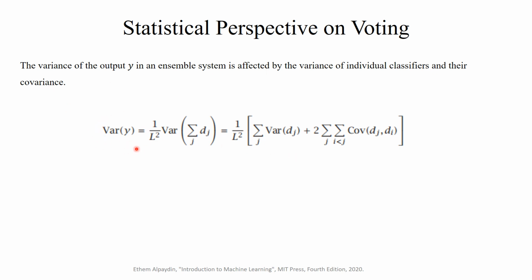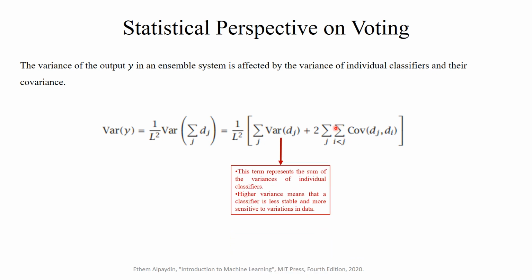So variance of y is equal to 1 by L square, summation of the variance of dj plus we are finding the covariance between dj and di. Now this term, summation of variance of dj, represents the sum of the variances of individual classifiers. j represents the classifier. In case there is a higher variance, it means that the classifier is less stable and more sensitive to variations.